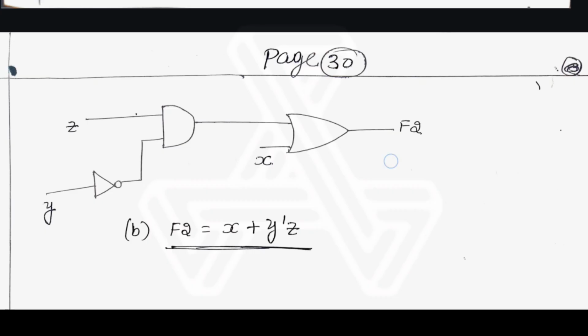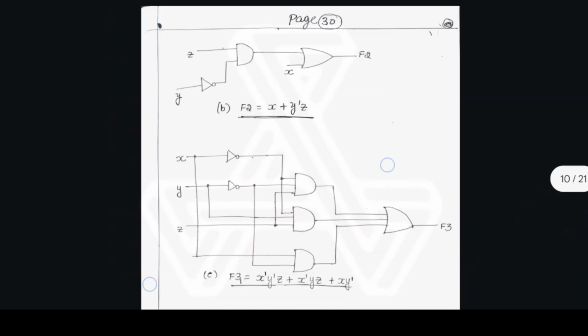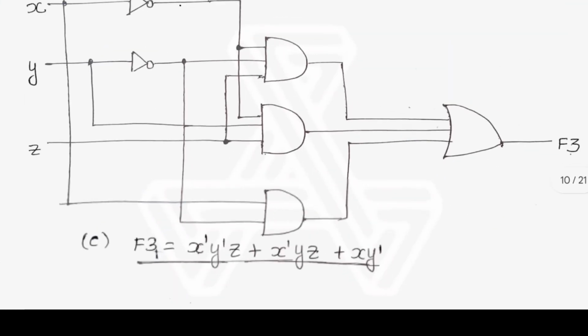Then again x plus y dash z: y dash z is represented as y NOT and the z taken into an AND gate. Again that is taken into an OR gate along with the x. So x plus y dash z, that is f2. Then for this it is x dash y dash z plus x dash y z.